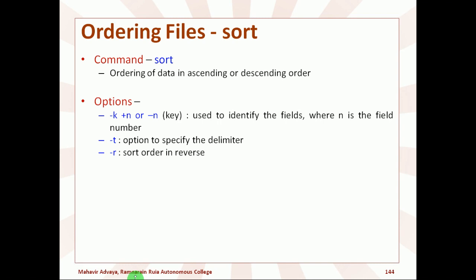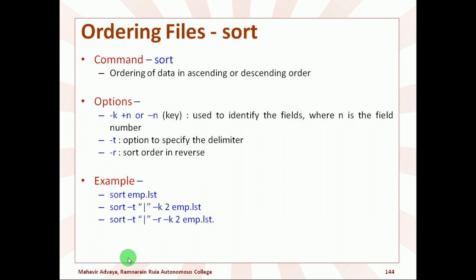Your file may have a delimiter like a pipe or a semicolon or a colon, so you need to specify what type of delimiter your file is using. Then -r is to sort your file in reverse order. So this is an example. If you don't use any of these parameters, it will by default sort on the first column of your file. Let's have a look at this.